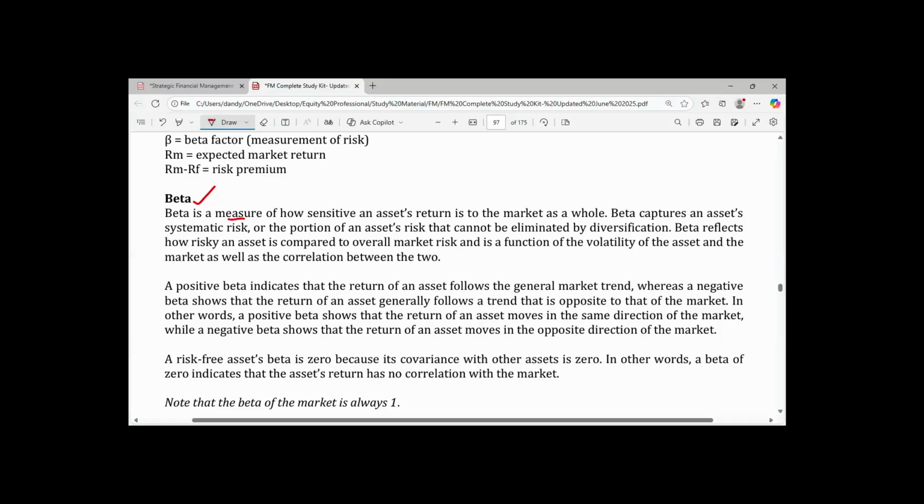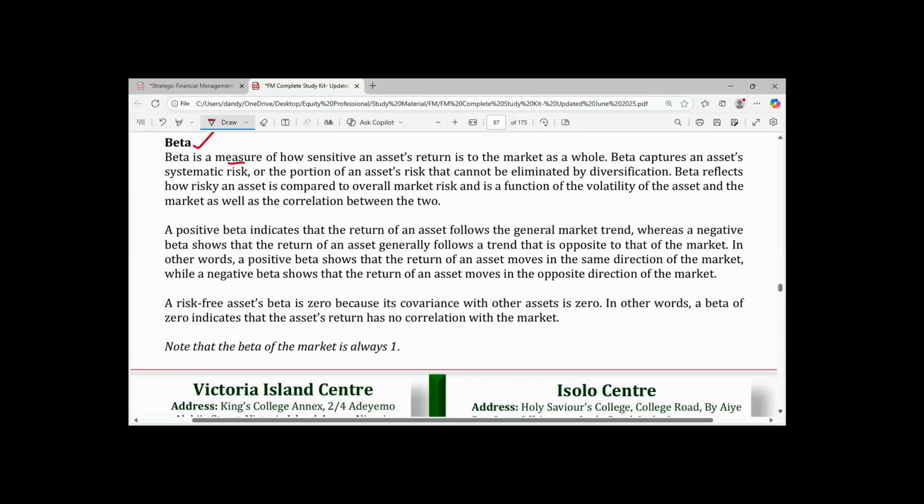If the beta of the asset or of the security is below 1, it means that the investment is less risky as compared to the market. But if the beta is 1, that means the risk of the assets is the same as that of the market. So the examiner will not tell you all these things, it is implied in the question.